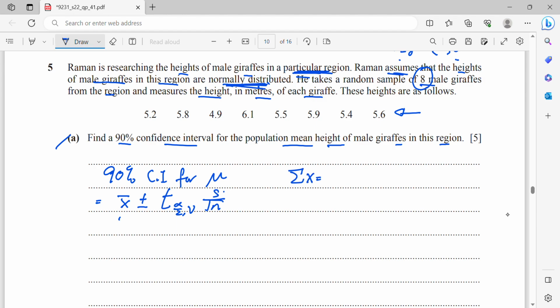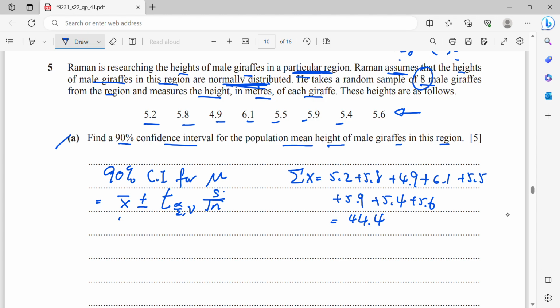So my summation x is the sum of all of these terms. Alright, so it will be 5.2 plus 5.8 plus 4.9 plus 6.1 plus 5.5 plus 5.9 plus 5.4 plus 5.6. So your summation x is basically 44.4.